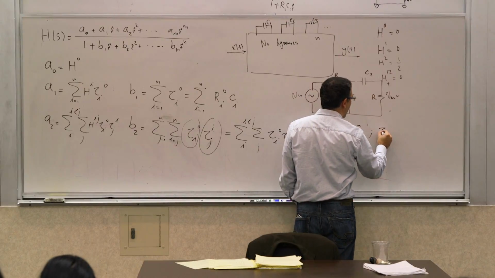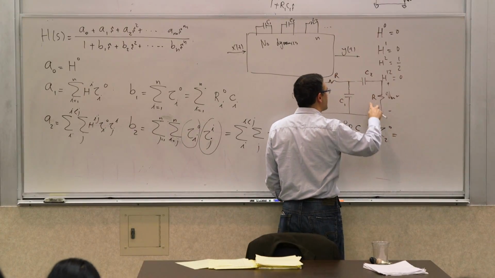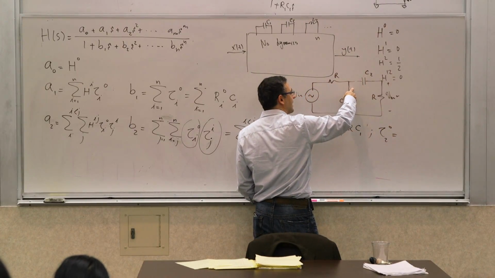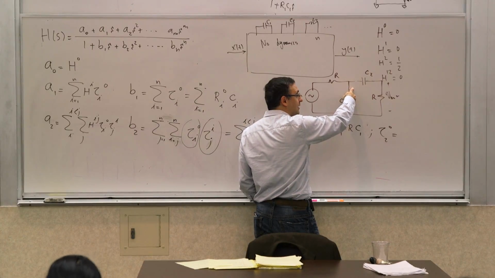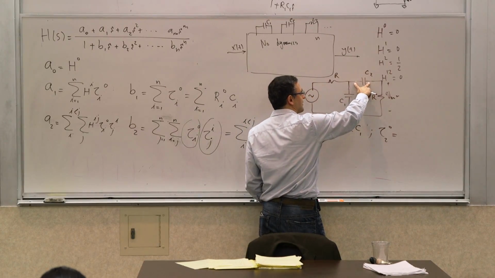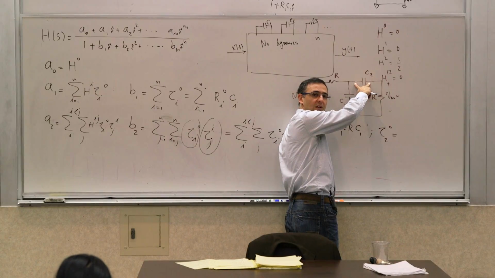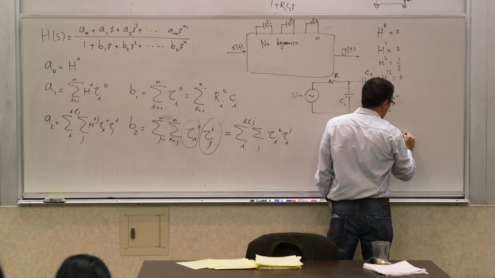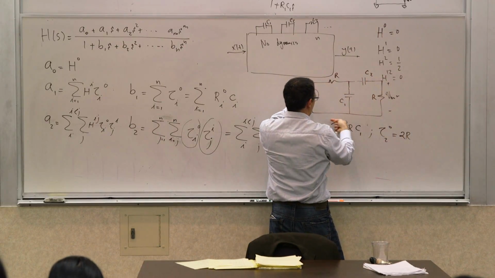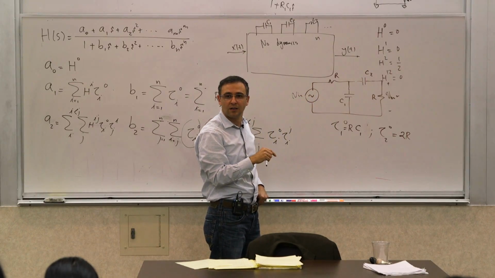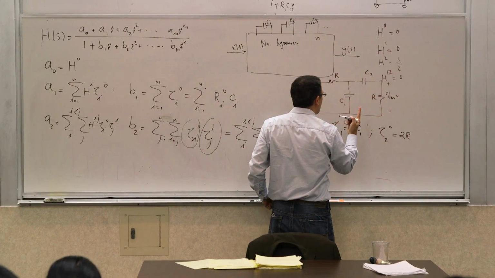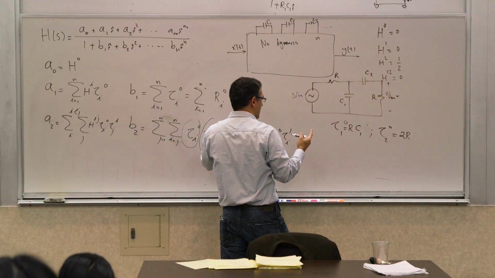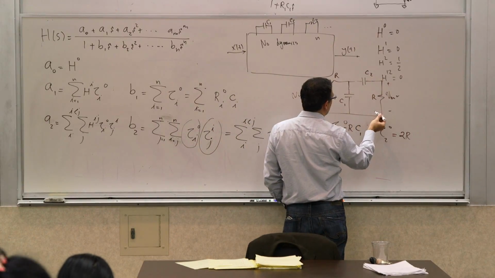What is the tau 20? What is the resistance seen by this guy when the other guy is open, 0 valued, and this is short-circuited? What is the resistance seen across here? 2R, right? Because you see 2R going around. Now you need one more of these things because of this J being smaller. So you can actually calculate one when the other one is shorted.